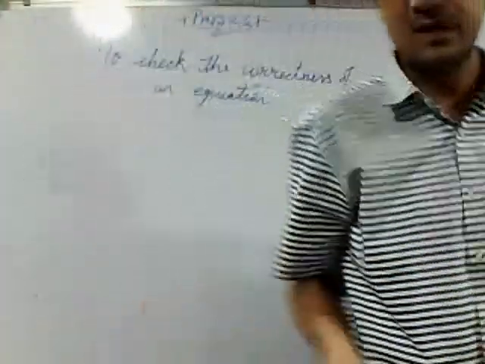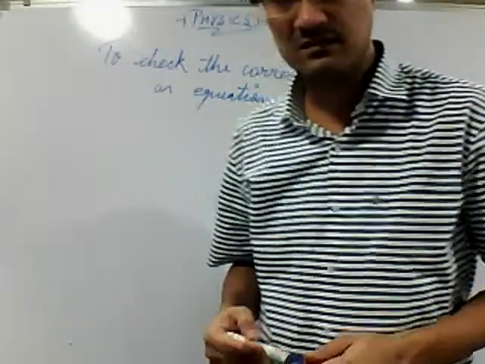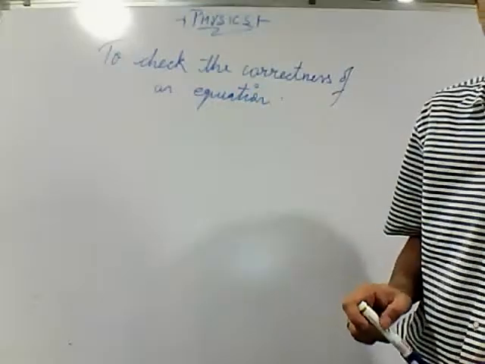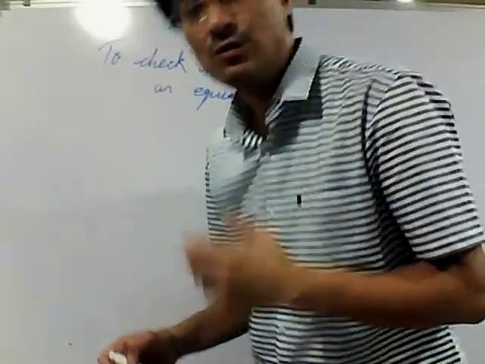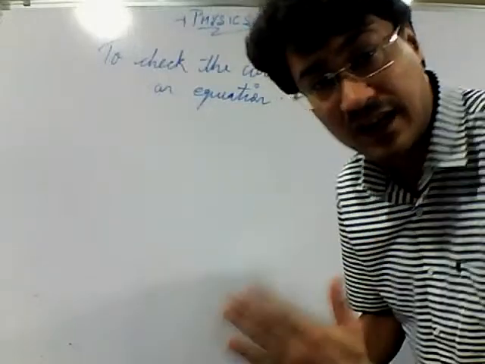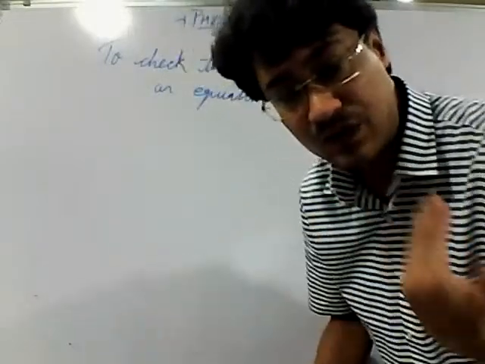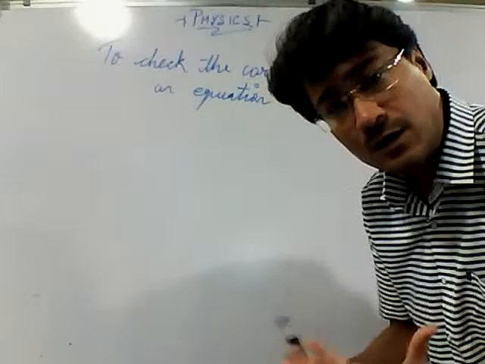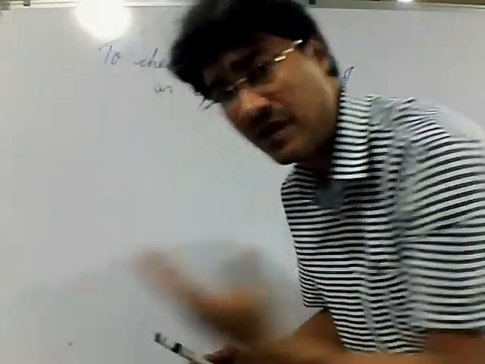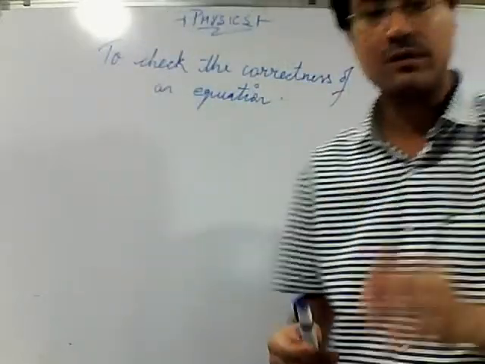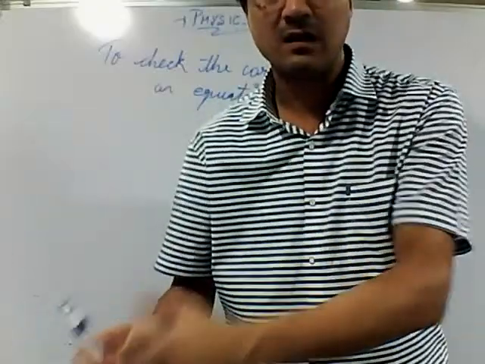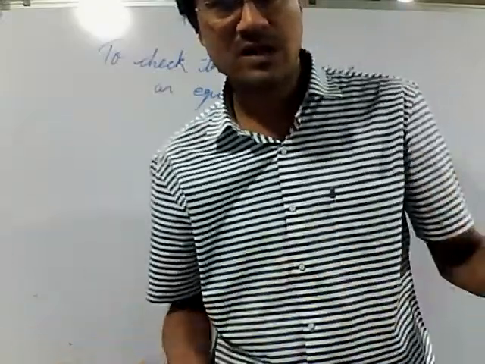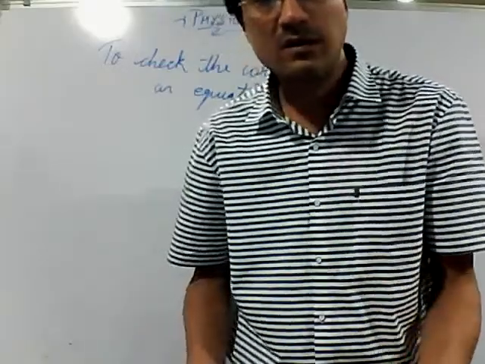When will you say that an equation is correct? Remember, you say an equation is only and only correct if the dimensions of LHS are equal to the dimensions or units of RHS. You cannot say 2 bananas equal 2 apples, or 2 oranges equal 2 mangoes. They are not equal.